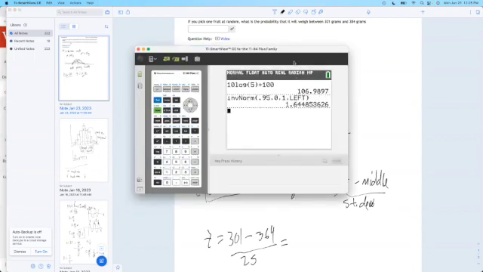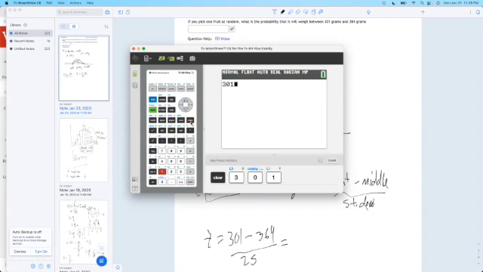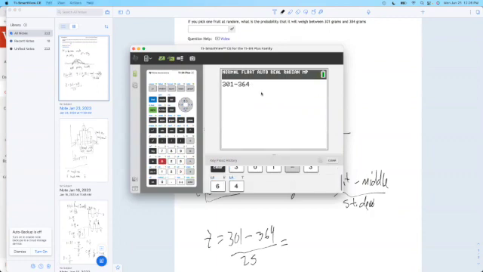People will type this. They'll type 301 minus 364 divided by 25. And they'll hit enter. And they'll get a z-score like that.